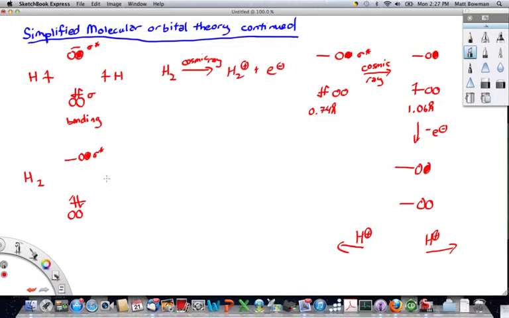And then, if you add 2 electrons to this, well, you'd like these 2 electrons to go into the lower energy bonding orbital, but in molecular orbitals, you can only have 2 electrons per orbital. Here, this one's already filled, so the next 2 electrons have to go up to the next available energy, and that happens to be the antibonding orbital.